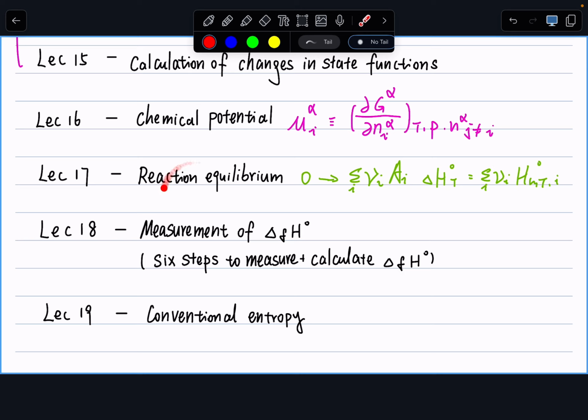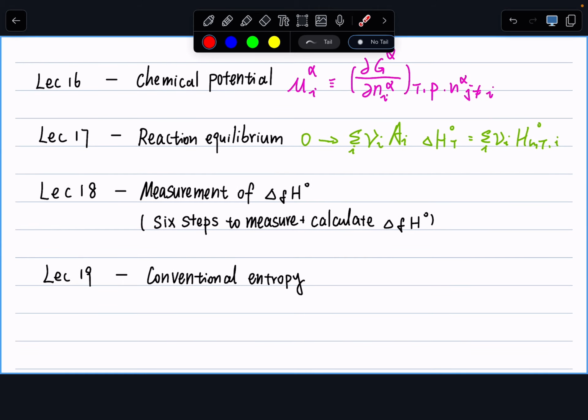In this lecture, we also defined the standard state. Remember, standard state is P naught equals 1 bar. The temperature is defined, but it doesn't need to be any specific temperature. You can have a standard state at 273 K, or at 298 K.